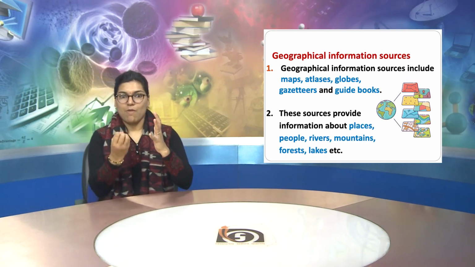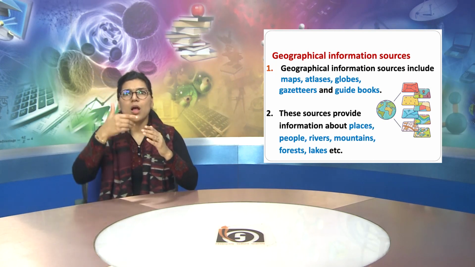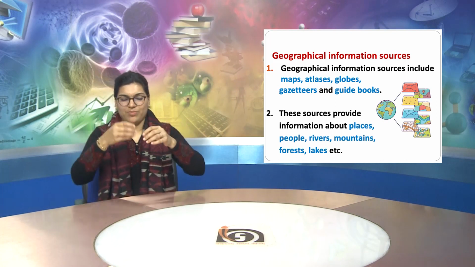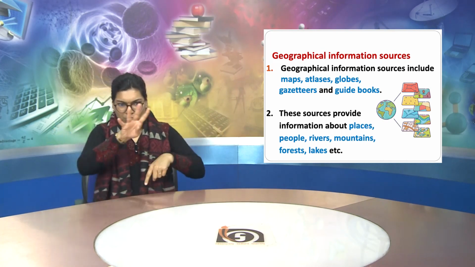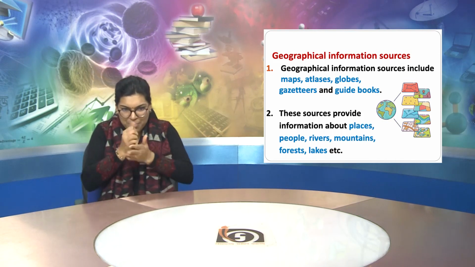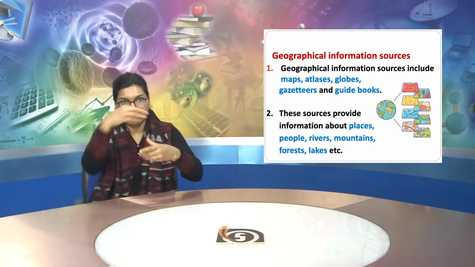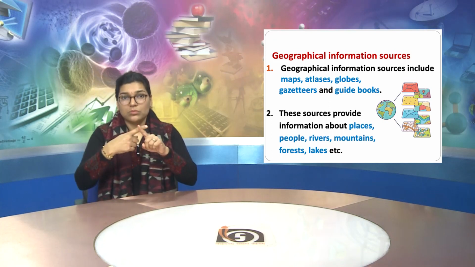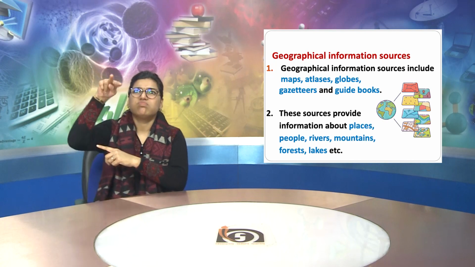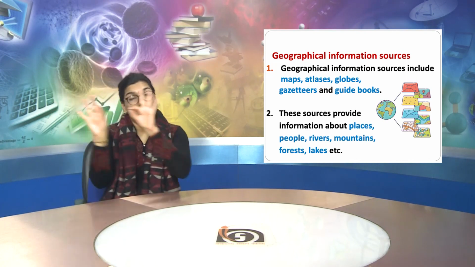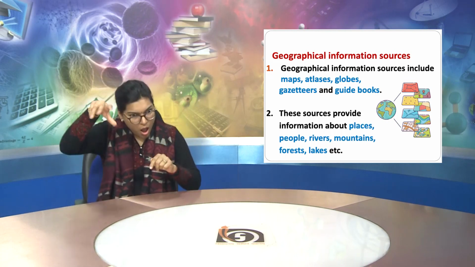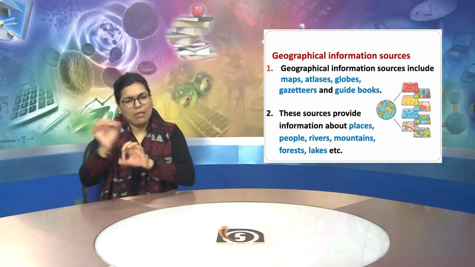Point 1 explains that geographical information sources include maps, atlases, globes, gazetteers, and guidebooks. All these sources provide us the geographical details.